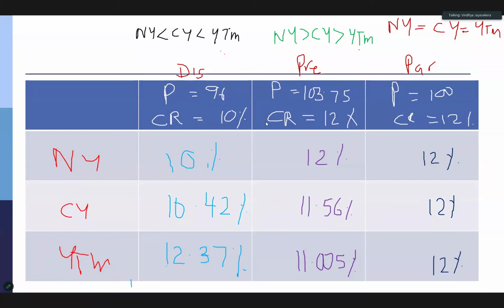And yield to maturity is even lower because capital loss is taken into account. You're buying it at 103 and you're only getting back 100 at the end of the period. So your yield to maturity will always be lower than your nominal yield, the lowest of the three. Always in a discount bond, premium bond, and par bond, these three patterns will be there. Any questions?